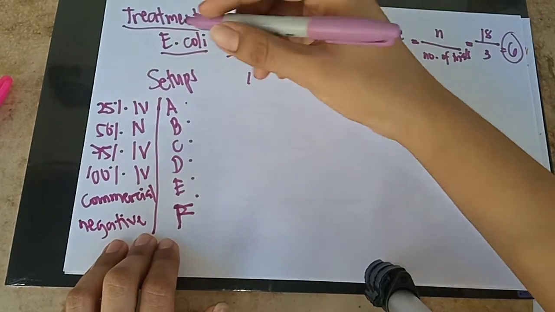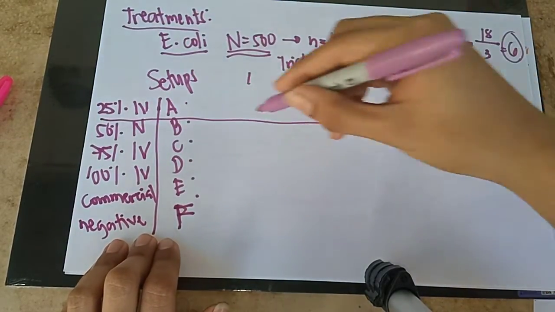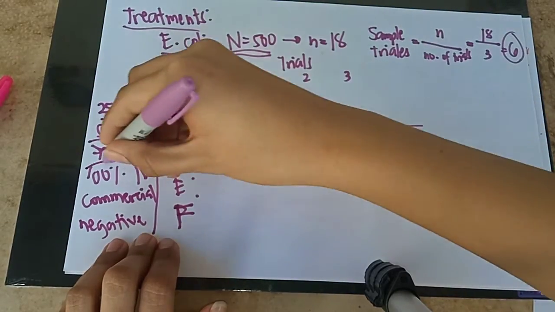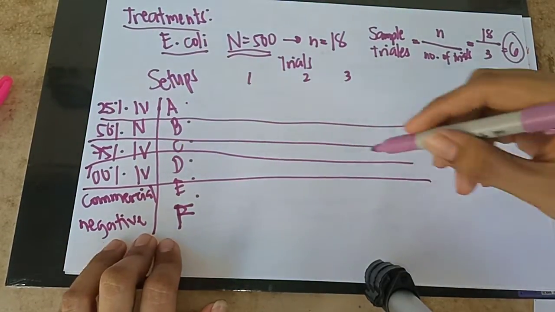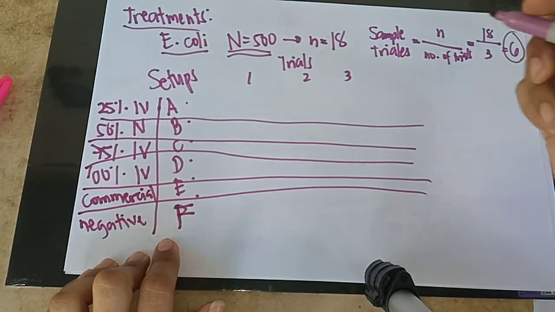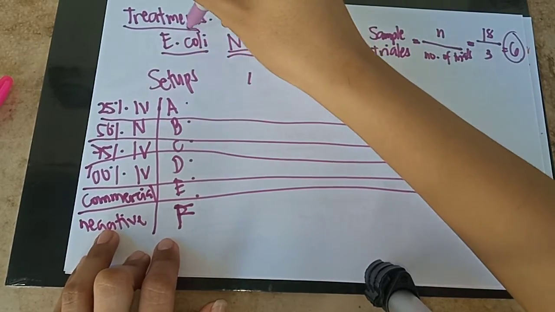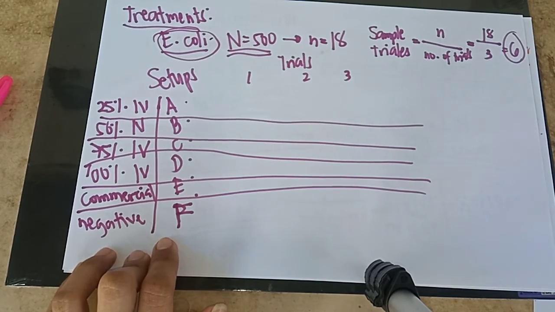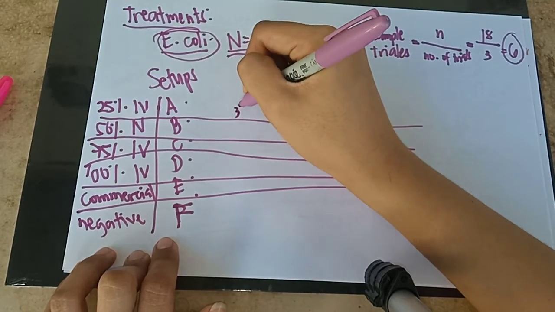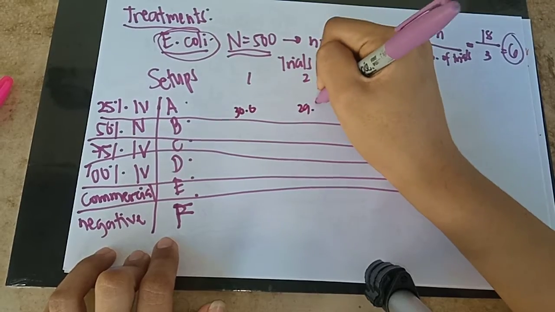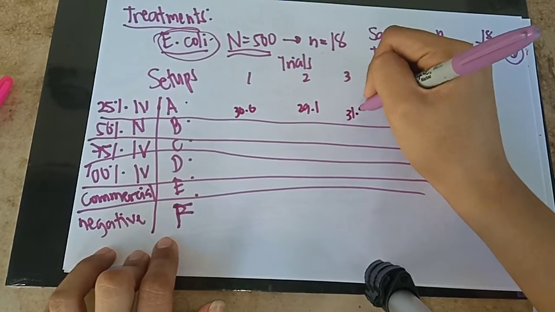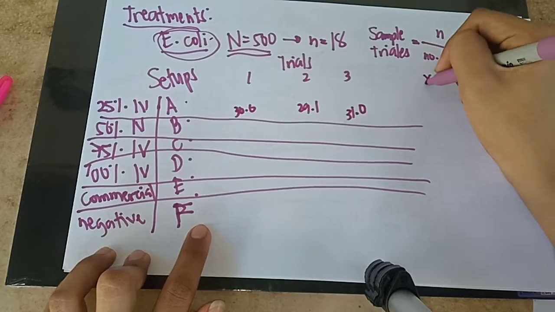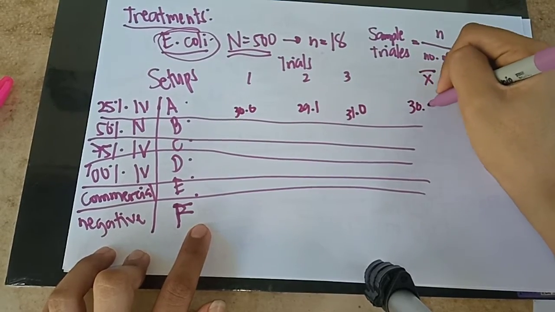So we have defined these setups. Let us form the treatments. Let's say, after you have experimented on this dependent variable in the Escherichia coli experimental unit, you derive the following results. We have 30.0, 29.1, and 31.0, and the average would be 30.03.